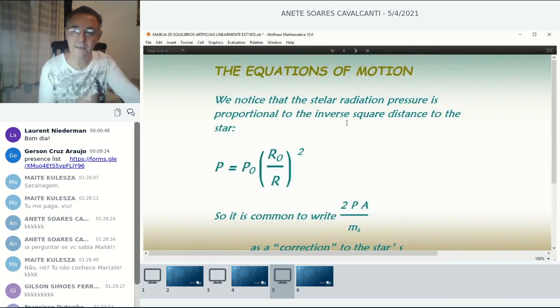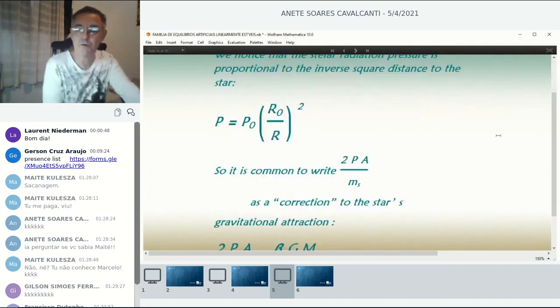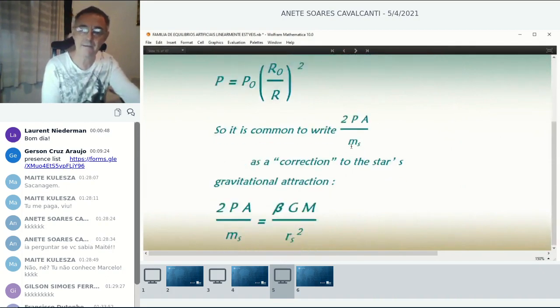We notice that the stellar radiation pressure is proportional to the inverse of the square of the distance. So it's common to write 2PA over ms, where ms is the mass of the sail, as a correction to the star's gravitational attraction, through this equation down here. And we can isolate beta here and get an expression for it.